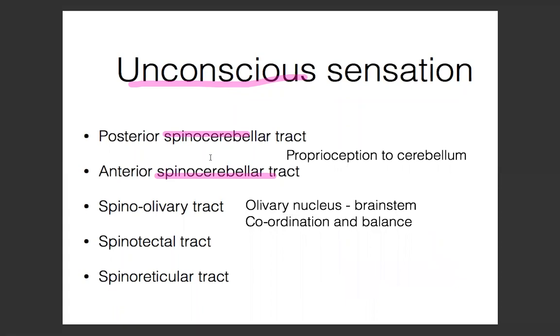Then there is the spinotectal tract, and the spinotectal goes to the midbrain as well. It also carries position, but it's responsible for turning of the head and eyes towards a stimulus. For example, if I touch you on your arm, you automatically look at the person, right?